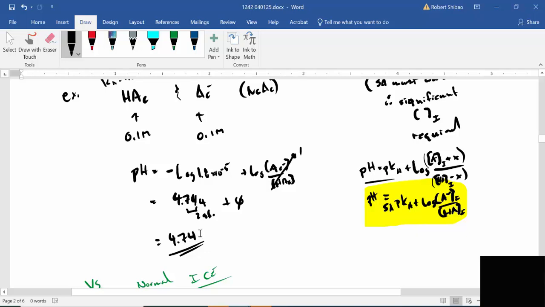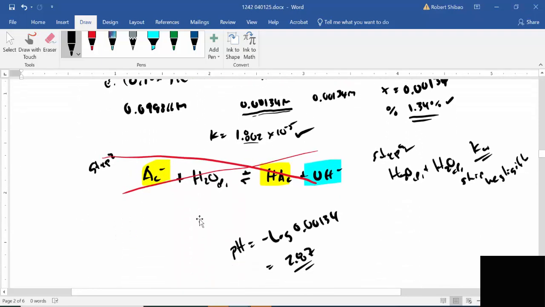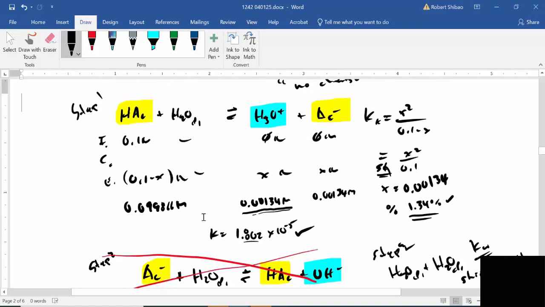I got 4.74 with the Henderson-Hasselbalch, and this one I get 2.87. Can somebody find my mistake for me? Take a look at the setups here and then see if somebody can find my mistake.